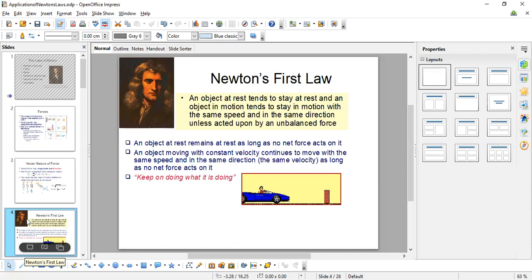Okay, the first law, or otherwise called the law of inertia, the statement is an object at rest tends to stay at rest, and an object in motion tends to stay in motion with the same speed and in the same direction unless acted upon by an unbalanced force.